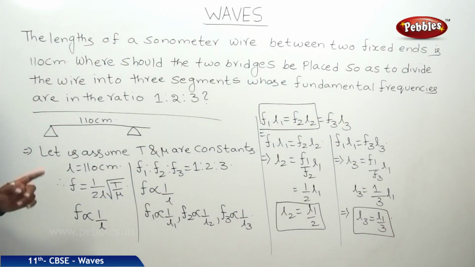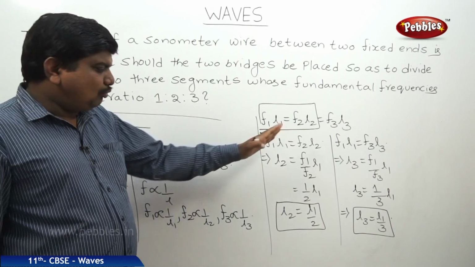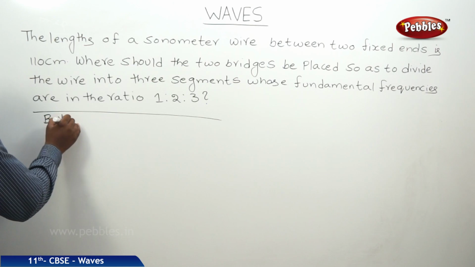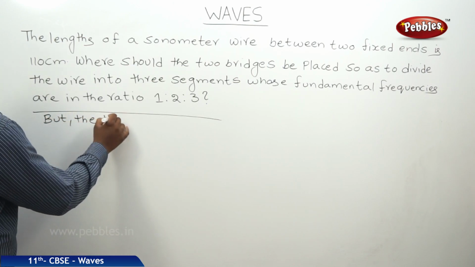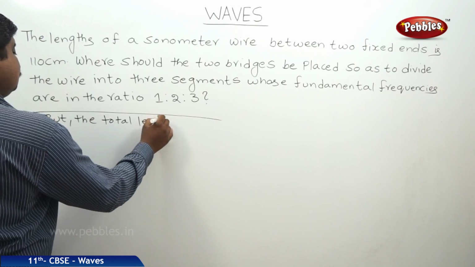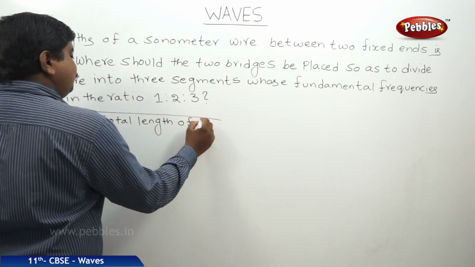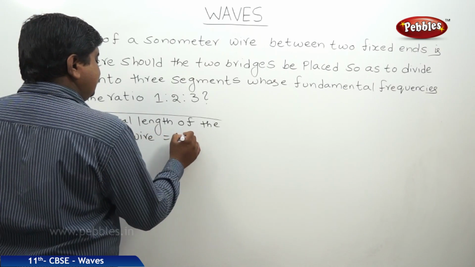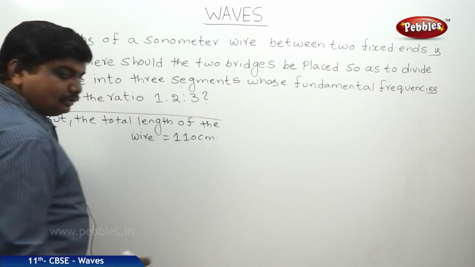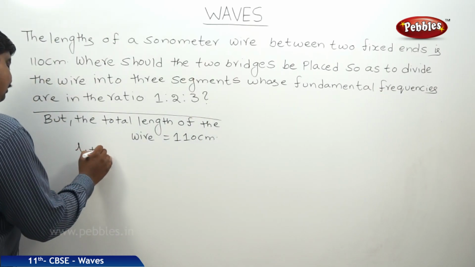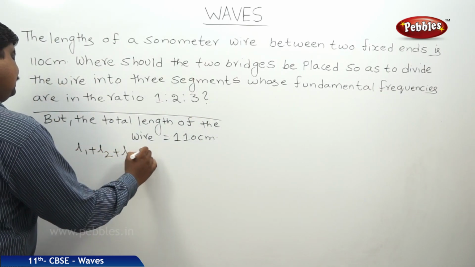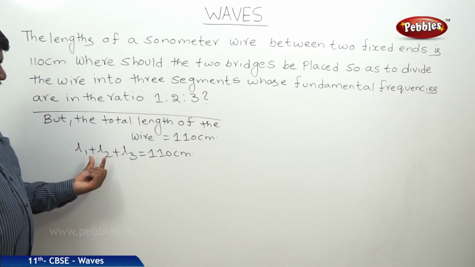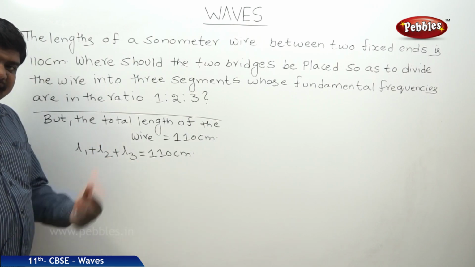But the total length of the wire between the two ends is 110 centimeters. That means L1 plus L2 plus L3 is equal to 110 centimeters. We know that L2 is equal to L1/2 and L3 is equal to L1/3.